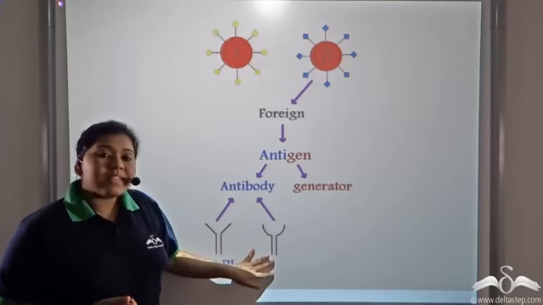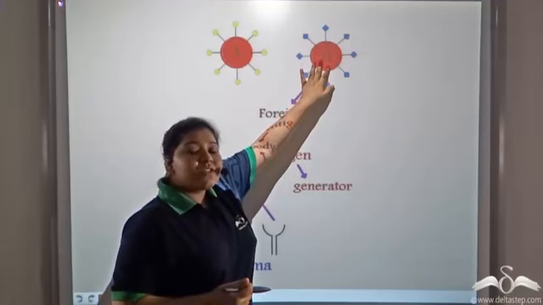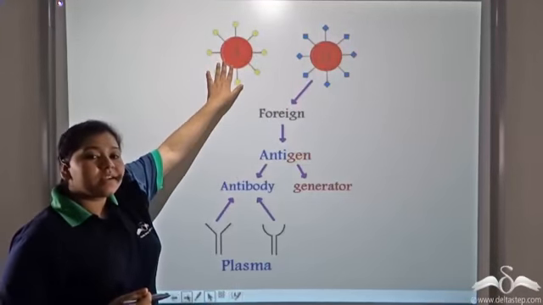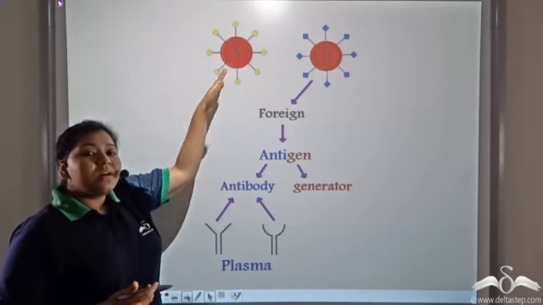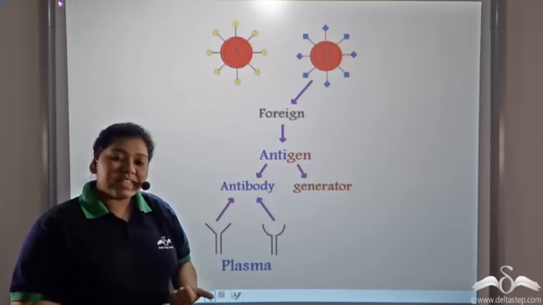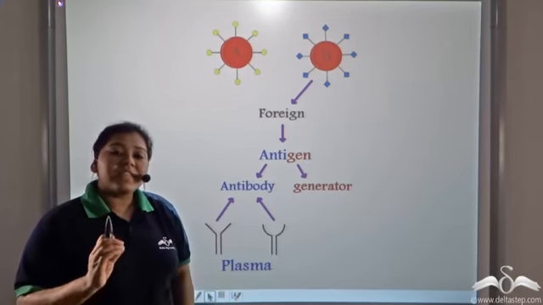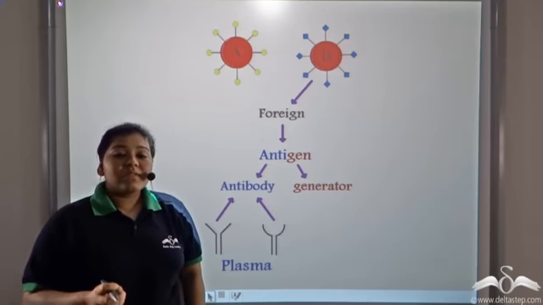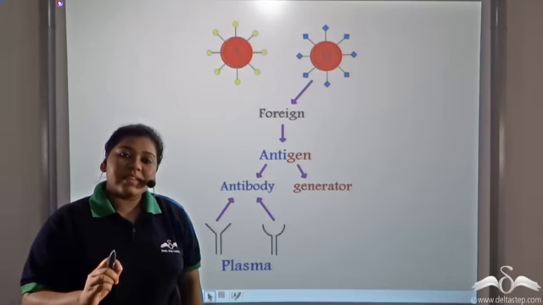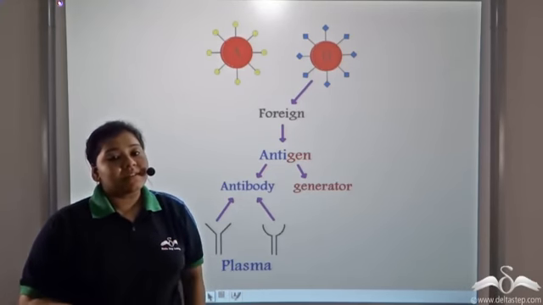So antibodies are secreted against this blood, which is foreign for a person having an A blood type. So clotting will take place as a result of this, and a person will die because of this clotting. Because clotting will take place inside the blood vessels, preventing the further flow of blood.